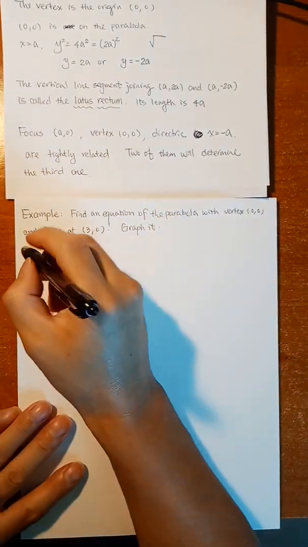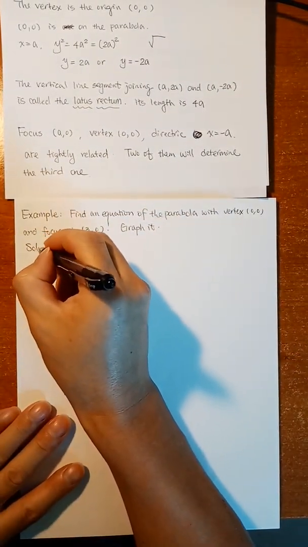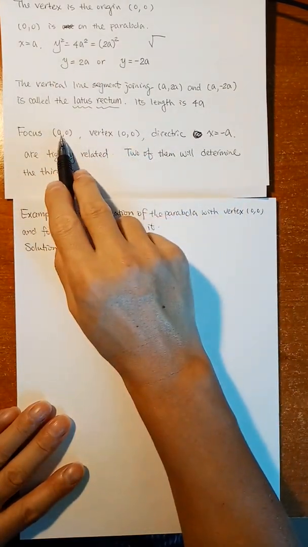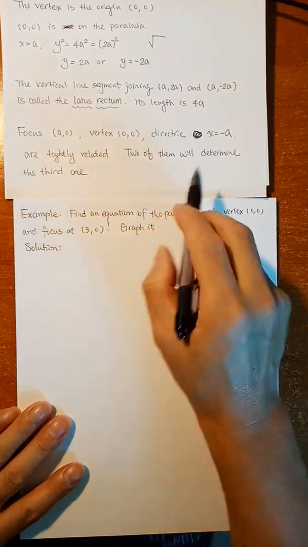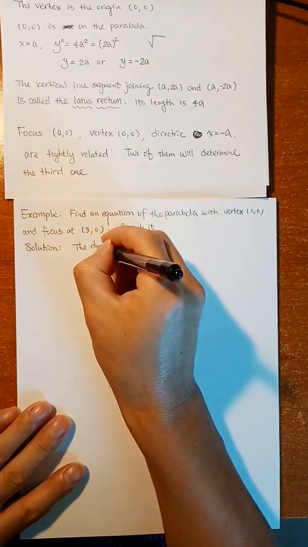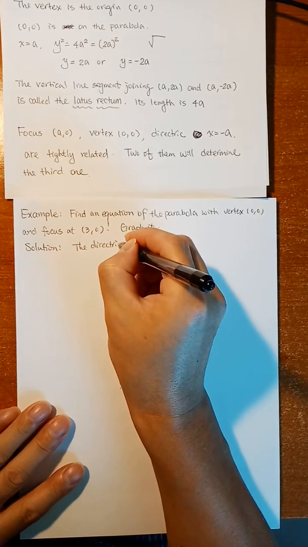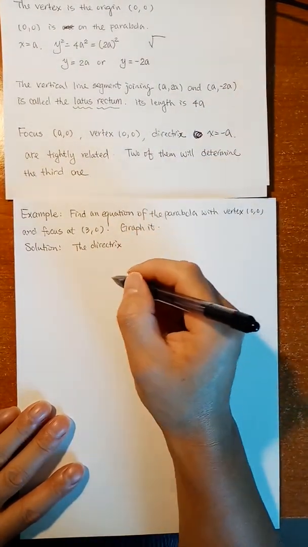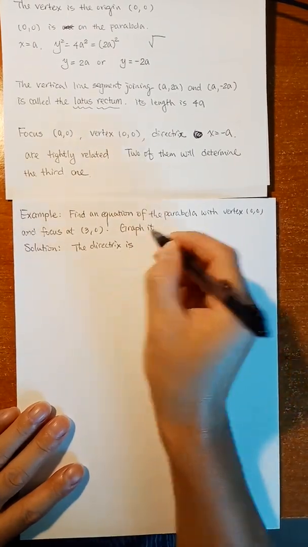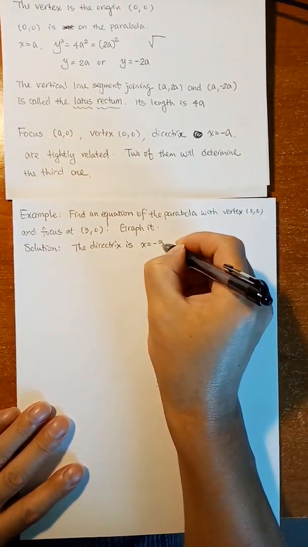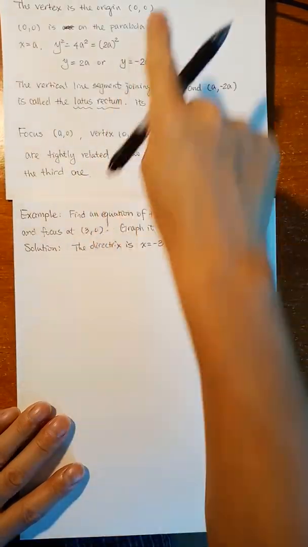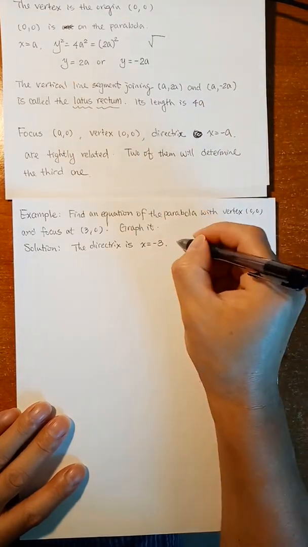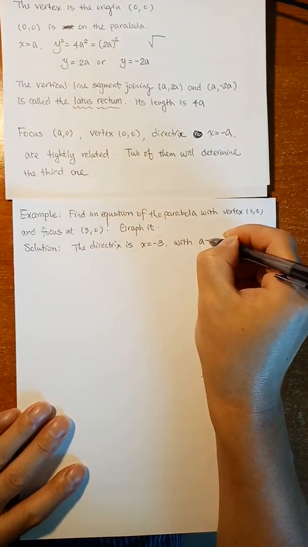Okay. So because we know the vertex is (0, 0) and the focus is (3, 0), the directrix is x equal to negative 3. That's exactly our setting, with a equal to 3.